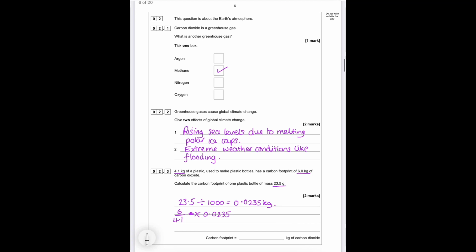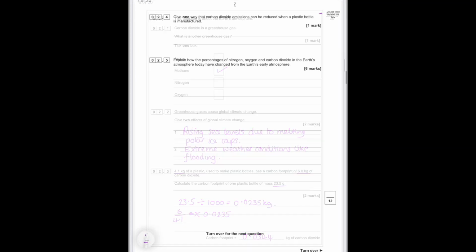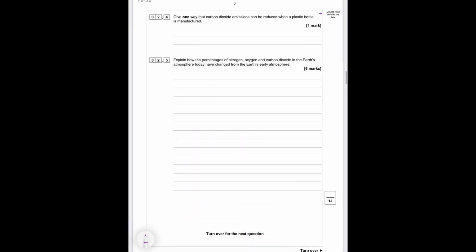And if I calculate that out, I get an answer of 0.0344 kilograms. Now, in this next question, it says, give one way that carbon dioxide emissions can be reduced when a plastic bottle is manufactured. So there's two ways here. We can either say that we can use recycled plastic, or we can use less plastic to make the bottle.